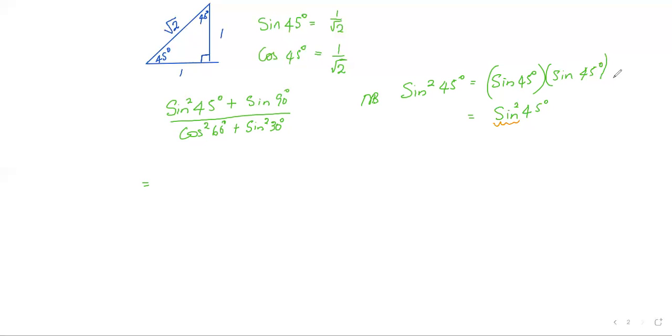And then this here can be written as, let's see what this can be written as. The top one there can be written as the sine of 45 degrees squared.